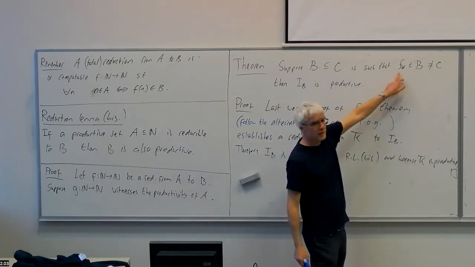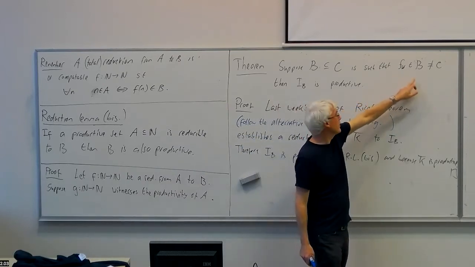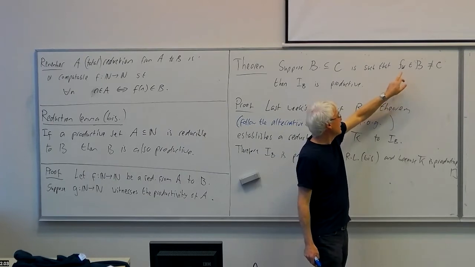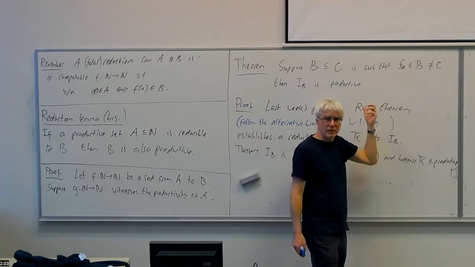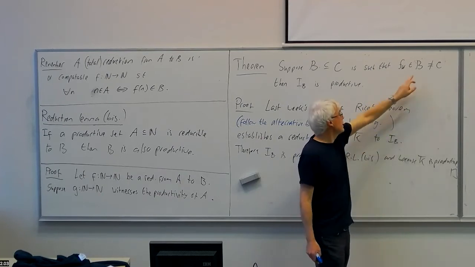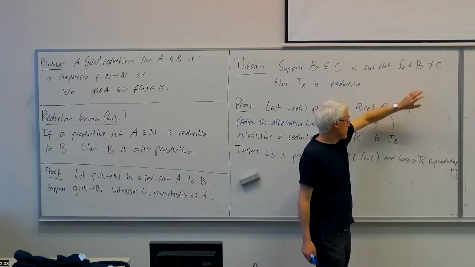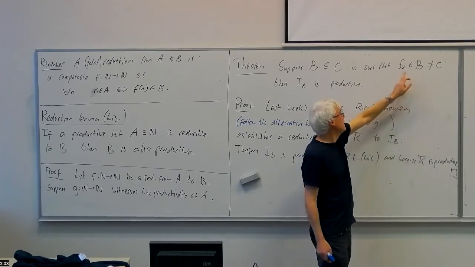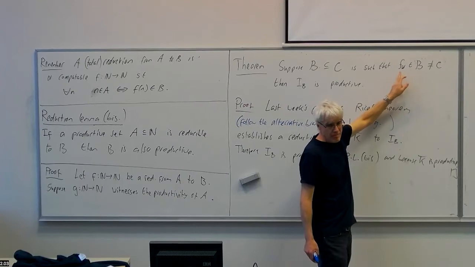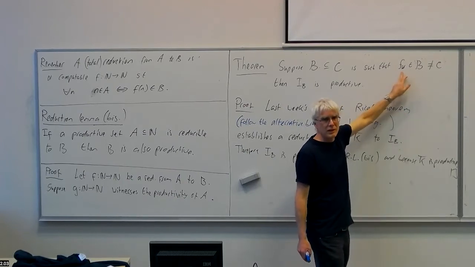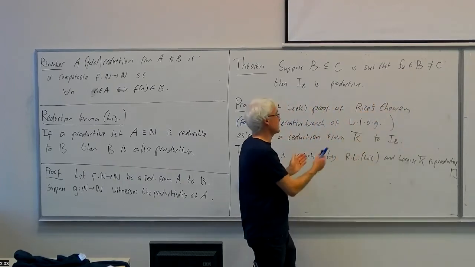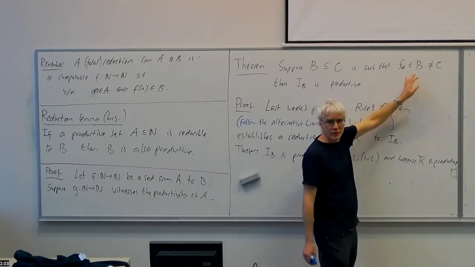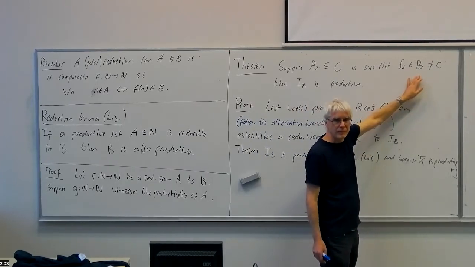The interesting point about this is that the consequence is that whenever you have a non-trivial set of computable partial functions, one that doesn't contain every computable partial function but does contain the empty partial function, then it's productive, so it's a fortiori not computably enumerable.